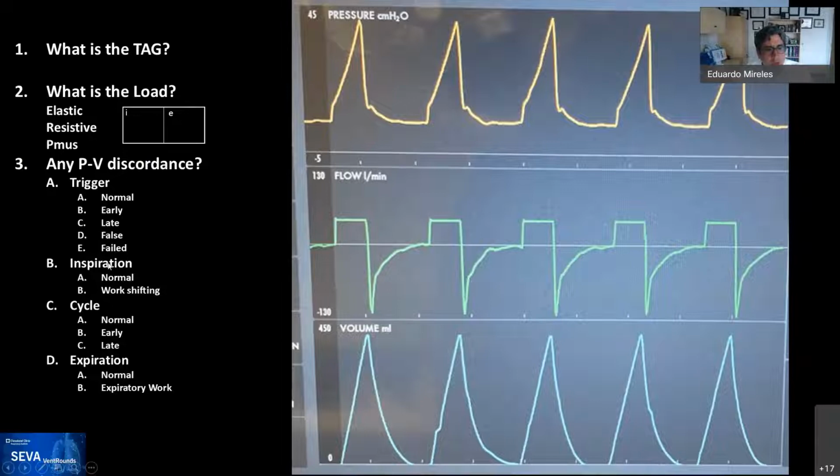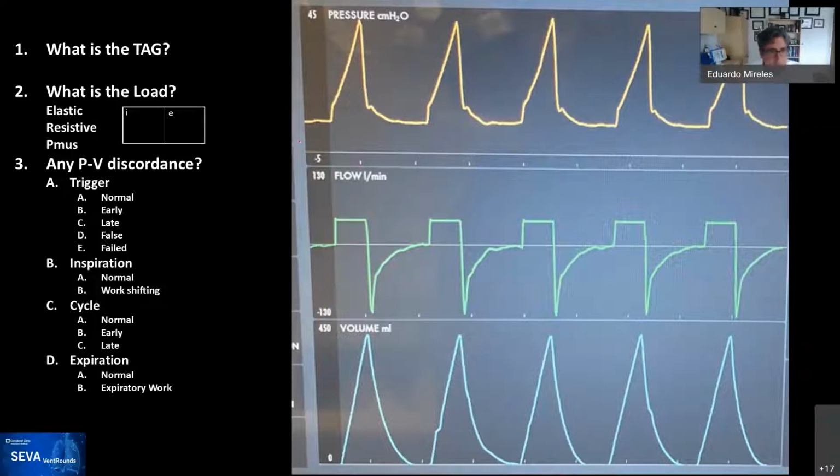We go in order: trigger, inspiration, cycle, and finally expiration. After that, we'll ask for input regarding any changes you would like to make to the ventilator. So let's start reading this one. Uri, you wanted to get started with this one, so I'll give you the honor. Go for it.